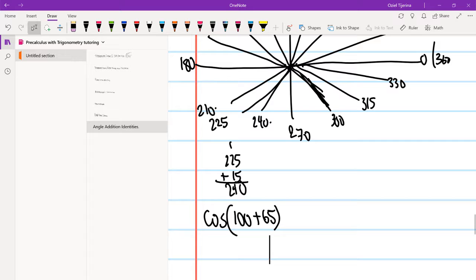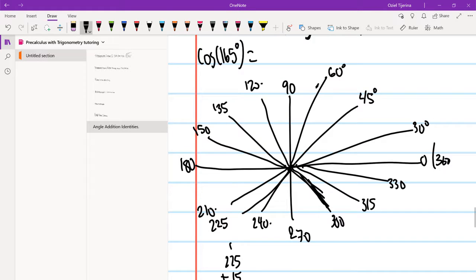So let's see, give me a second. We could do 120 plus 45, because 120 plus 45 gives you 165, and they're right here.